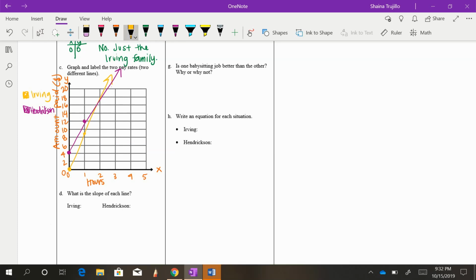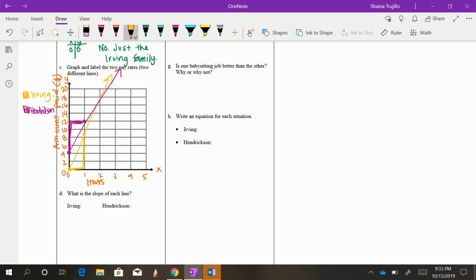So what is the slope of each line? Okay, remember, I can go ahead and I can draw my triangles. I'm going to draw my triangles below for the yellow one, just so it doesn't get in the way. And I'm going to draw my purple triangle above, just so it doesn't get in the yellow triangle. Okay, so for Irving, the rise of my triangle is, so let's go from this point down here.